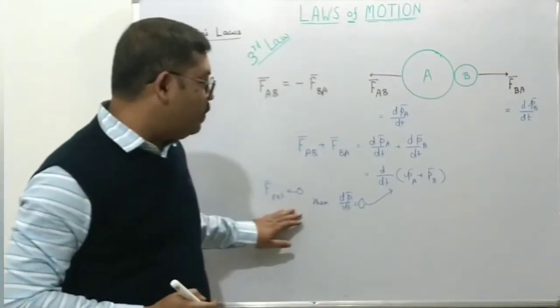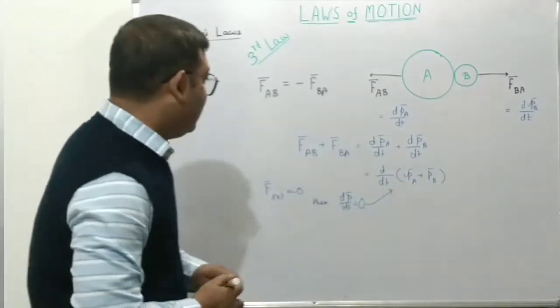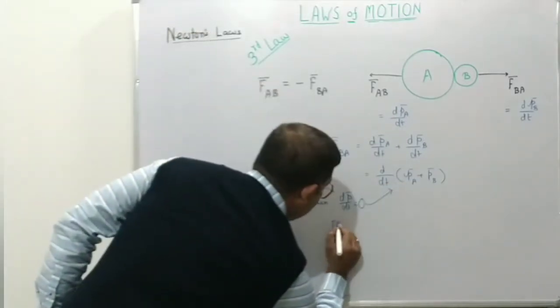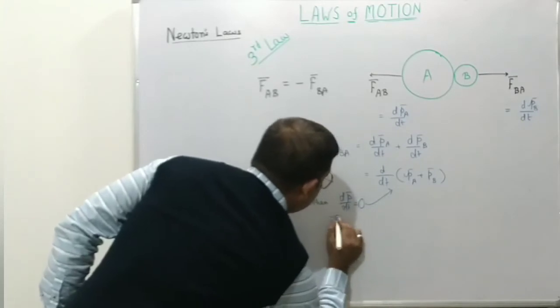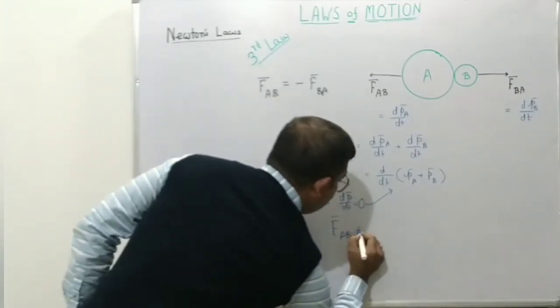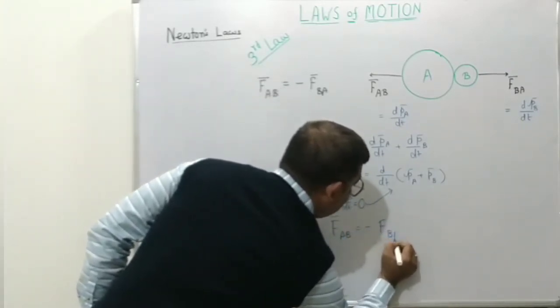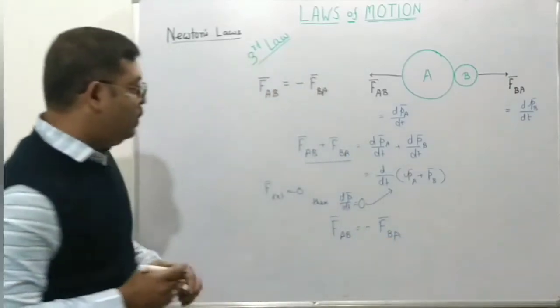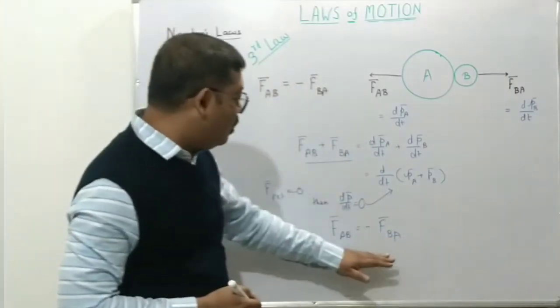If there is no external force applied, then the change of momentum must be equal to 0, or we can say that FAB from this is equal to minus FBA. So you can consider this as the proof of the third law of motion.